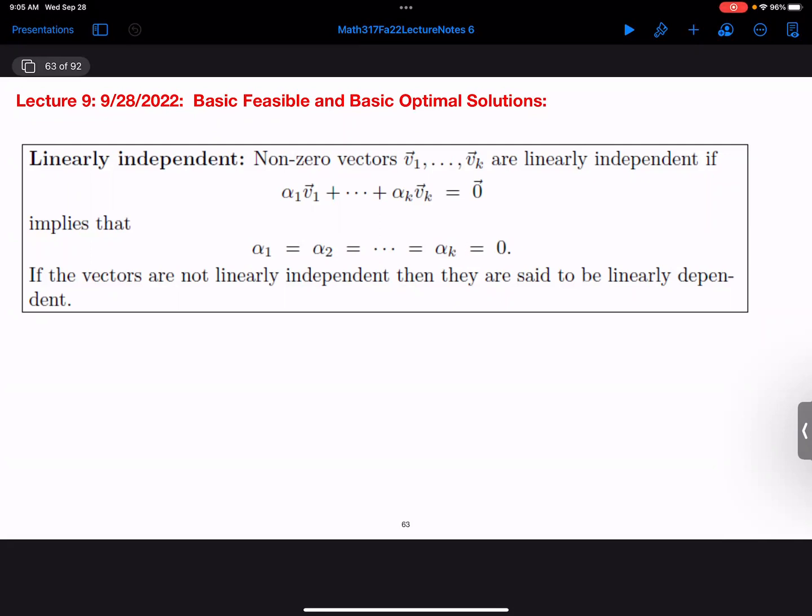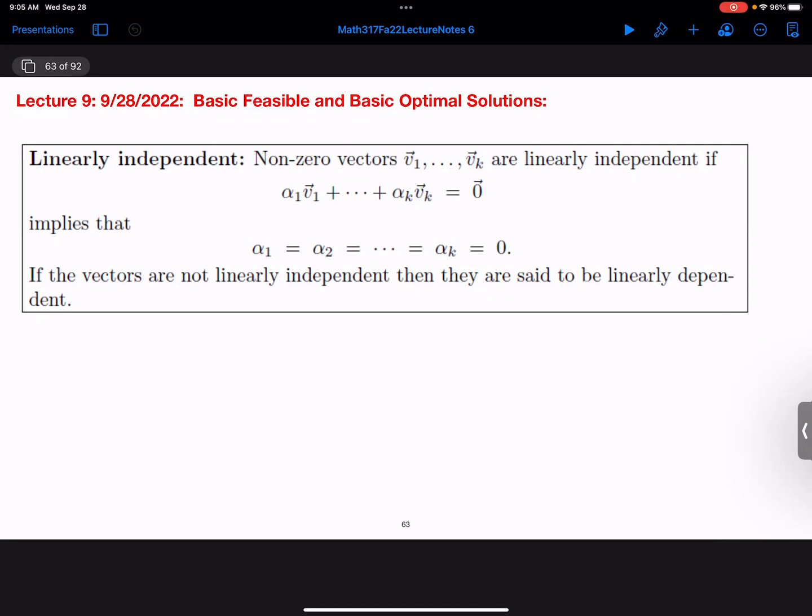If only one alpha were non-zero, then, using one of the most important phrases in math, without loss of generality, let it be alpha 1. Then you would get alpha 1 v1 equals 0, so v1 is 0. So if they're linearly dependent, you have to have at least 2 alphas non-zero. Without loss of generality, which 2 alphas should they be? 1 and 2.